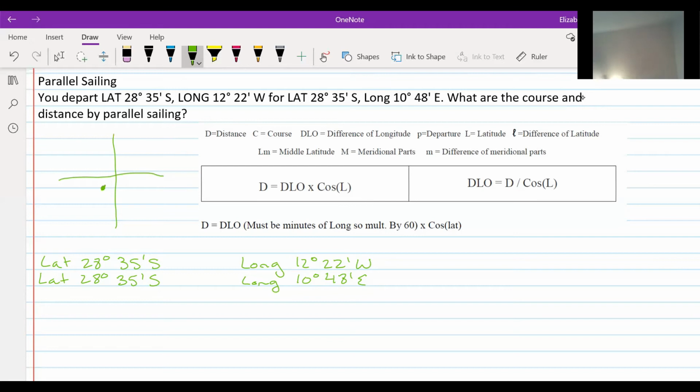So we're at the same latitude, so we're still right here. But our longitude is 10 degrees, 48 minutes east. So we're in the eastern hemisphere for this one. So we have crossed the meridian. We went from the west to the east, so we know our course is easterly, or 90 degrees.